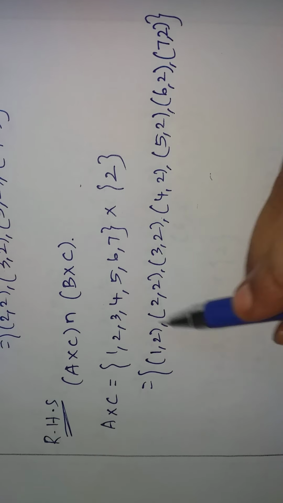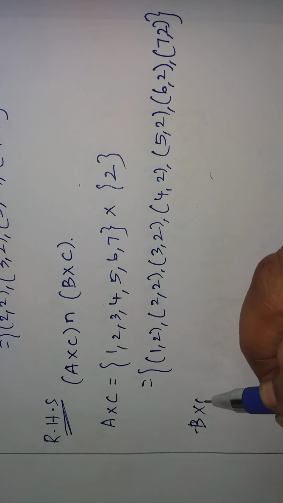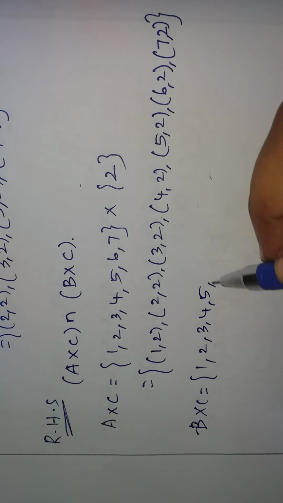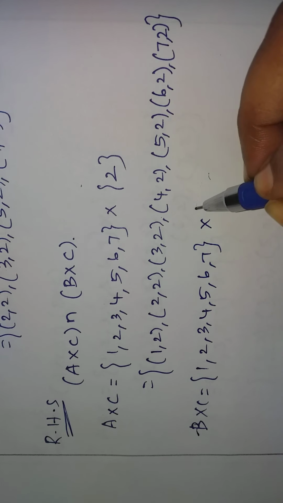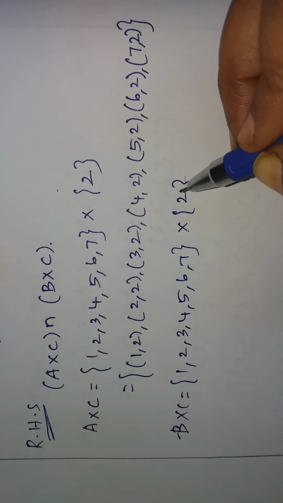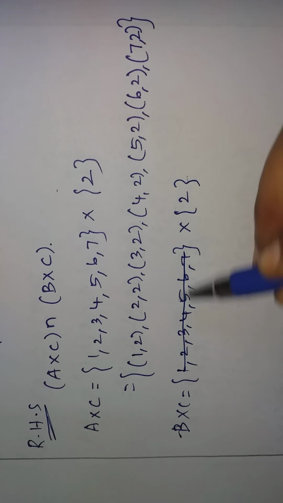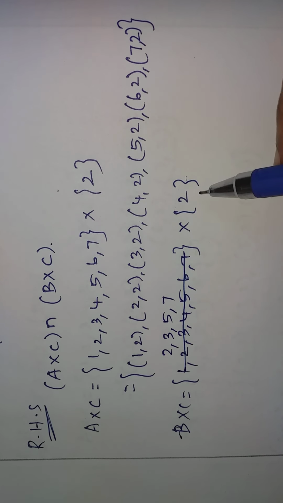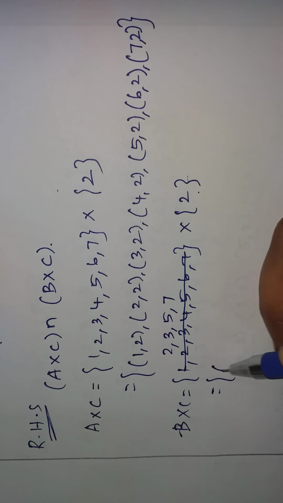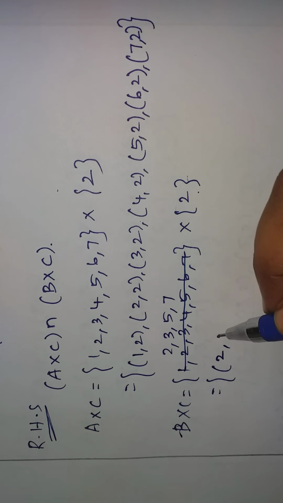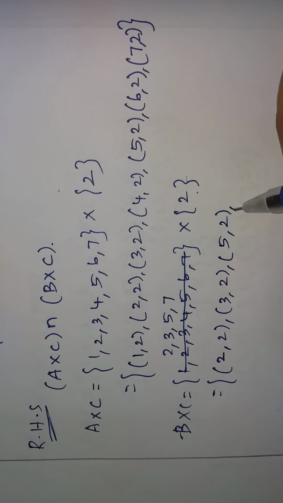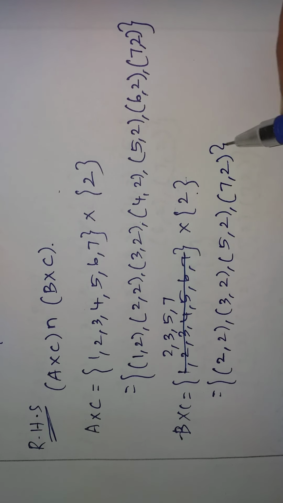Now B cross C. Sorry, B set we have 2, 3, 5, 7, cross C set we have 2. Now say in ordered pair: (2,2), (3,2), (5,2), (7,2).